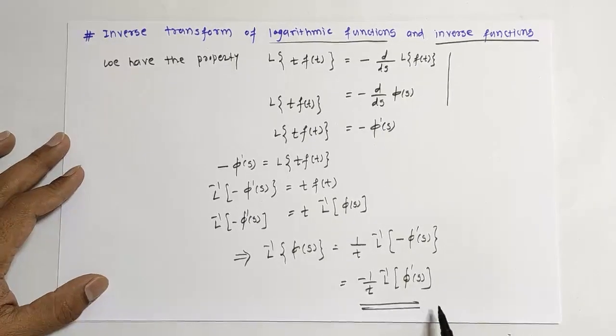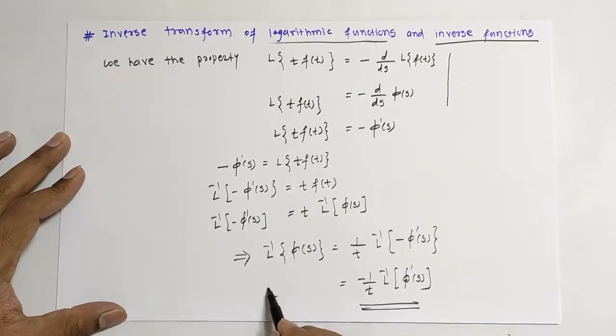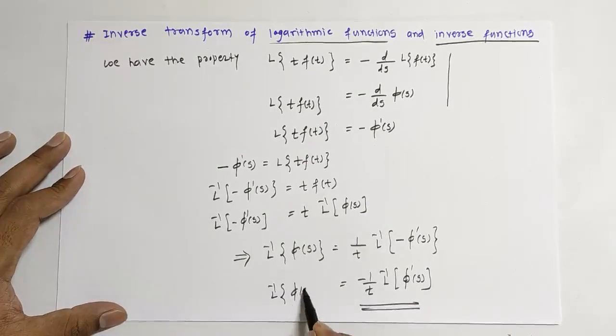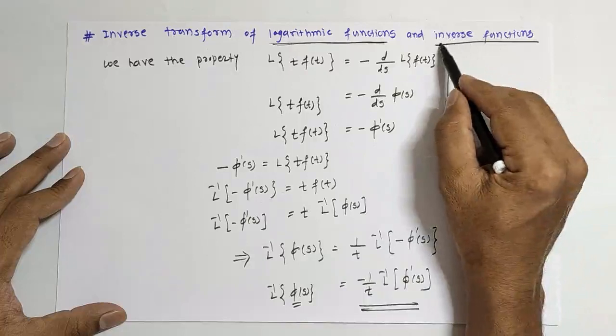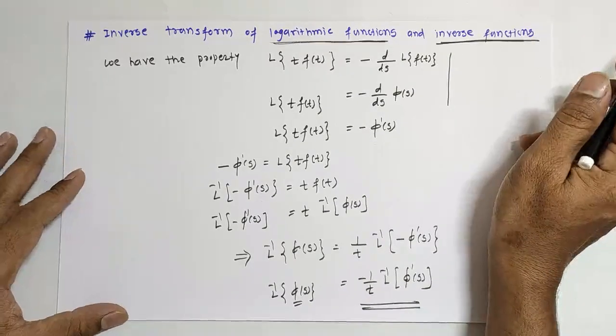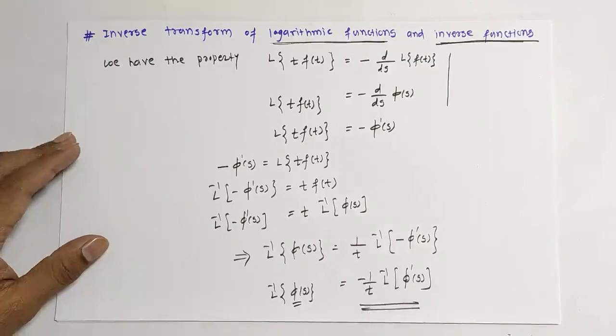It means I am using differentiation of phi of s to find L inverse of phi of s, and we have to use this in logarithmic functions and inverse functions. If the question involves logarithmic functions or inverse functions, using this formula we can find its inverse Laplace transform.